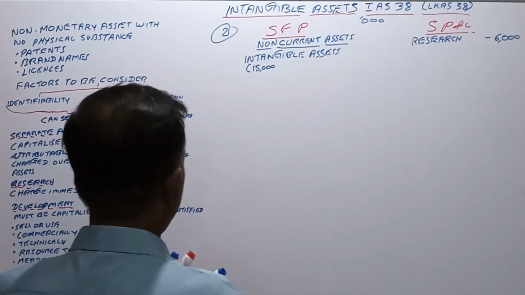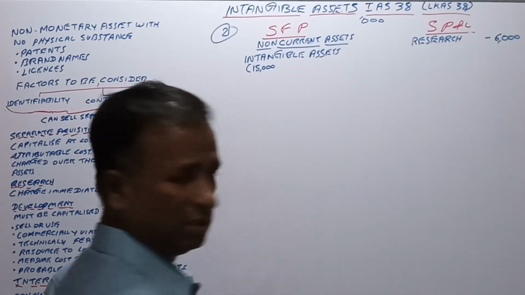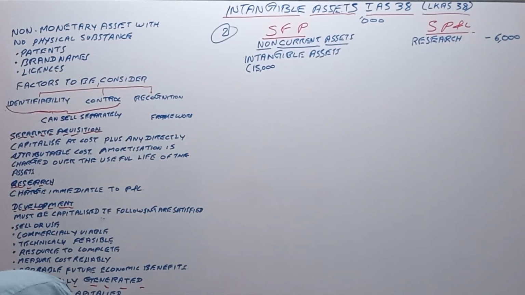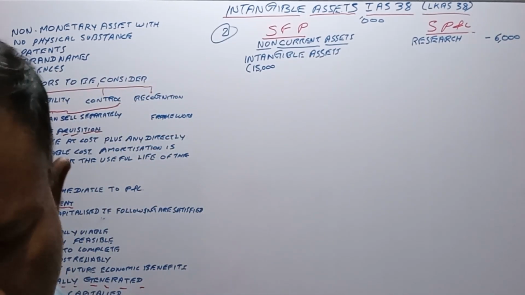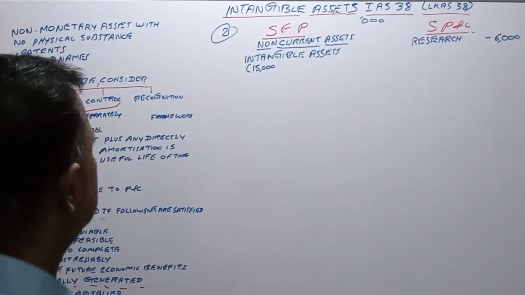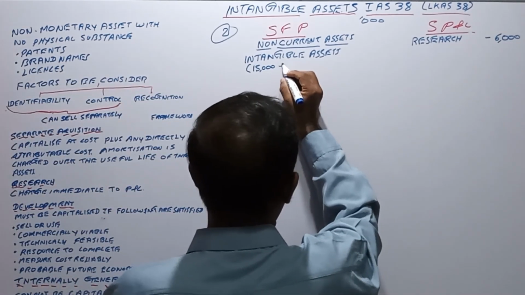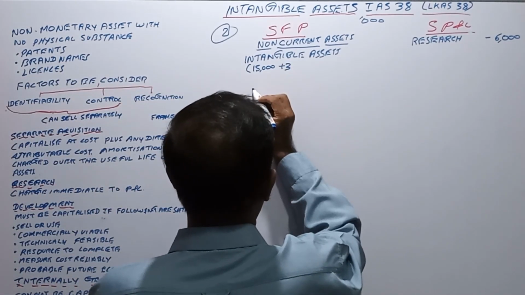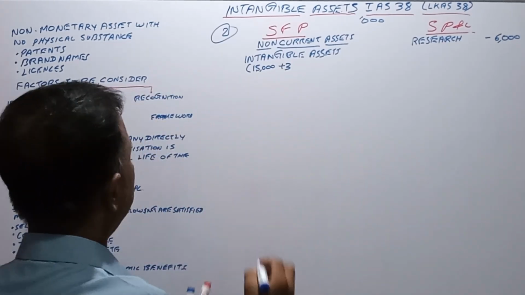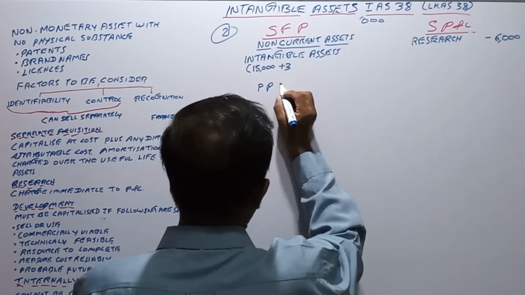Prototype is a non-current asset, under property, plant and equipment.